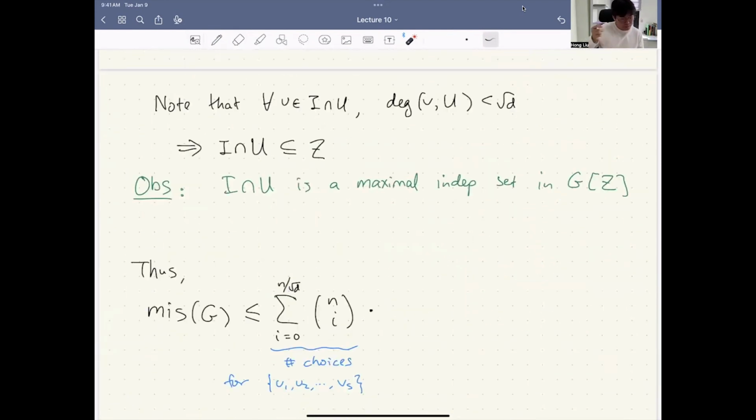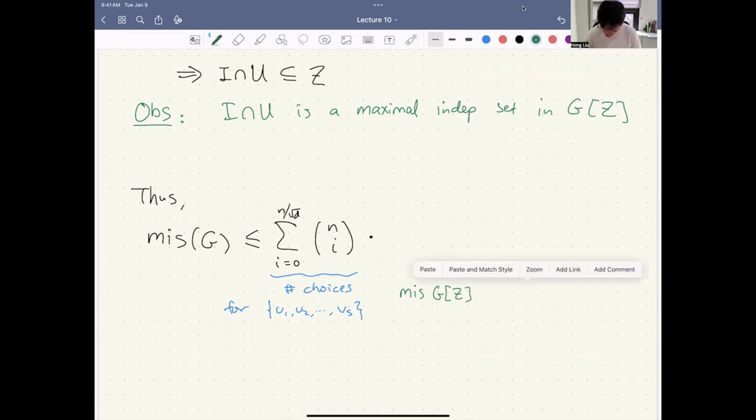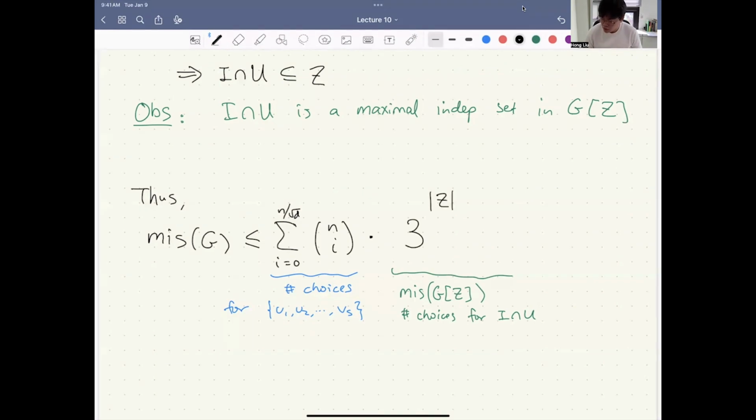Now, that means by Moon and Moser, the number of choices for the remaining vertices is the number of maximal independent sets in G induced on Z. This term is 3 to the number of vertices in G induced on Z divided by 3.